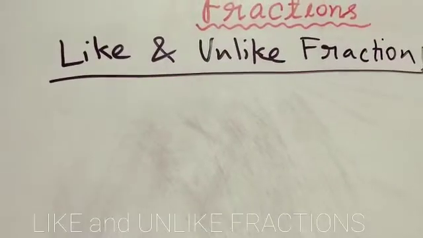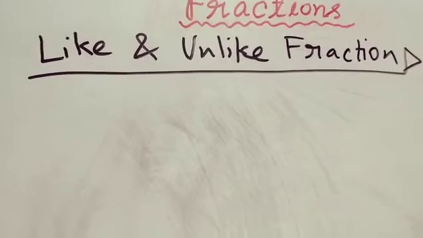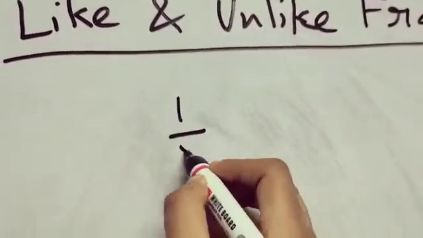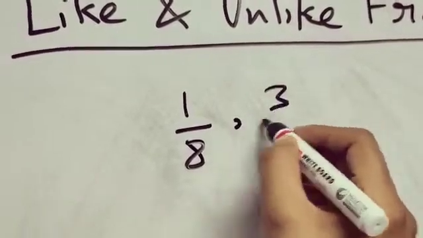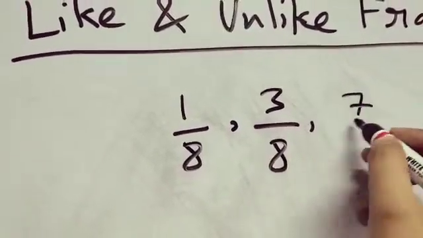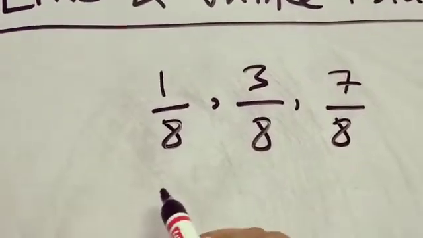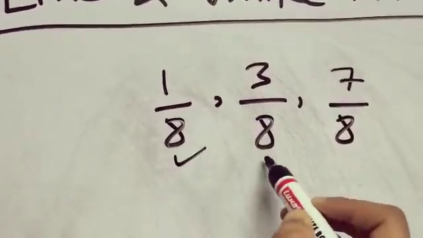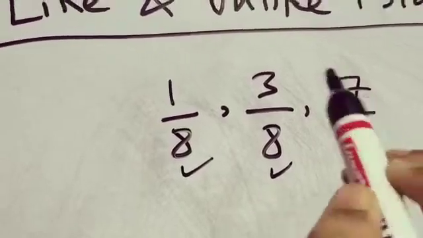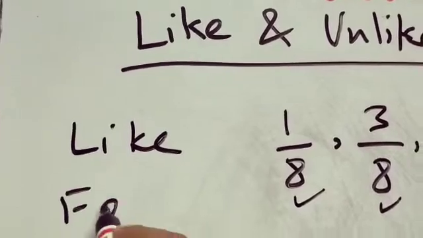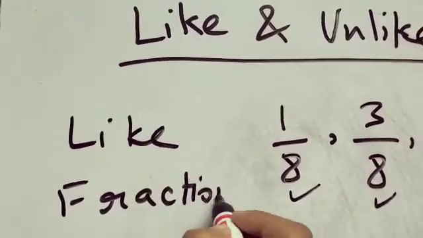Now let us know what is a like fraction and what is an unlike fraction. Look at the board. I am writing three fractions: 1 by 8, 3 by 8, 7 by 8. You can identify easily in all of these three fractions the denominator is same, that means 8, 8, 8. These type of fractions are called as like fractions. Clear?